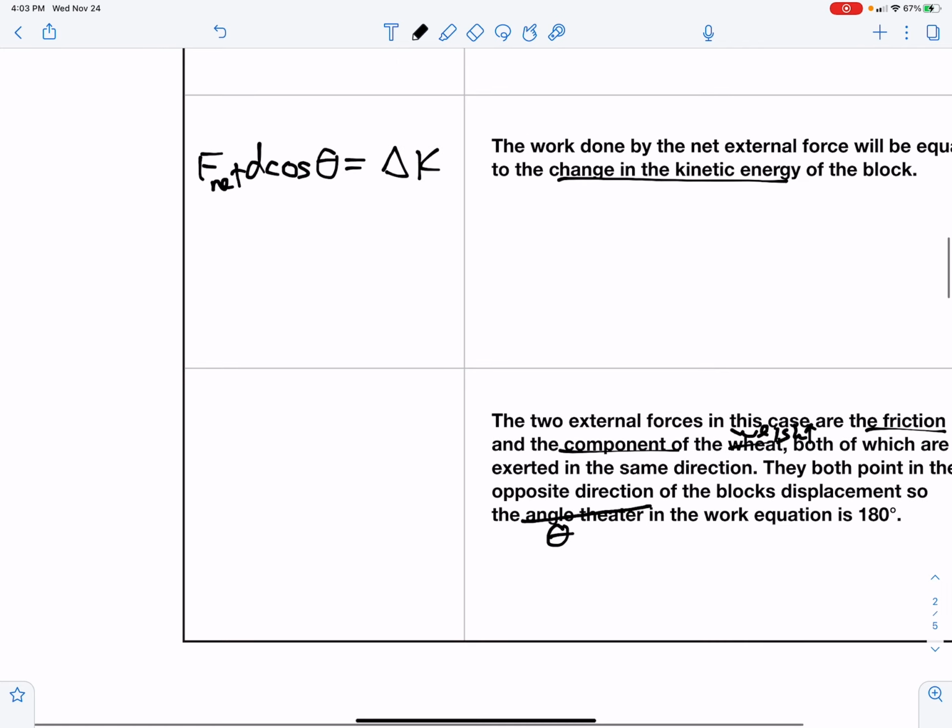We're going to substitute for net force. The net force would be friction and mg sine theta.